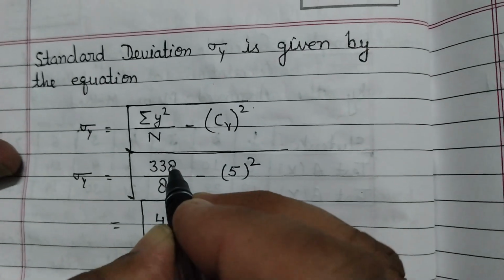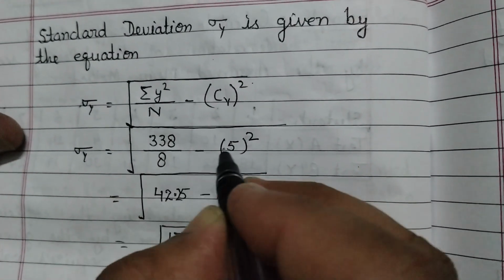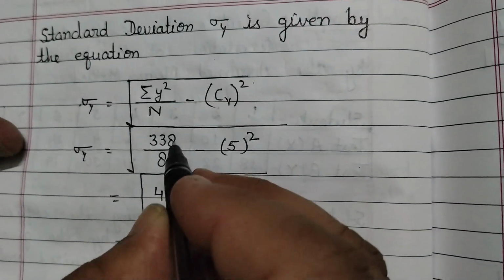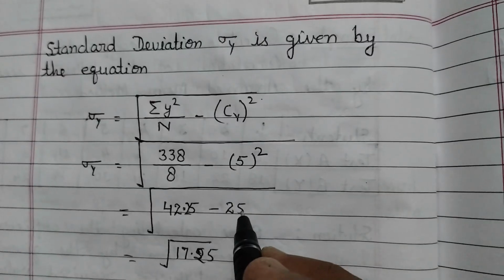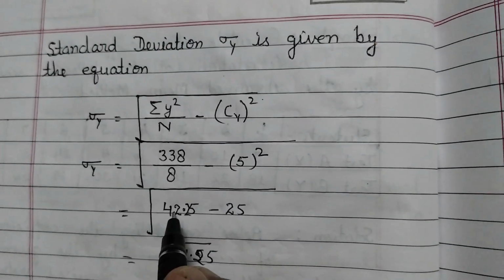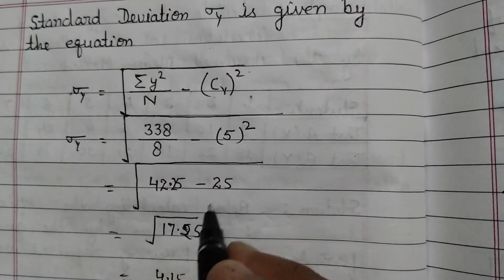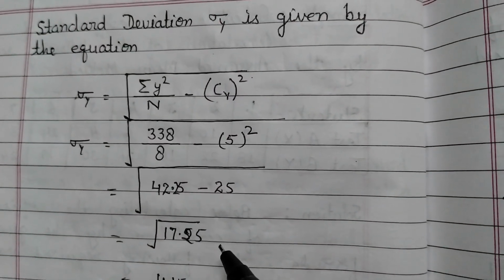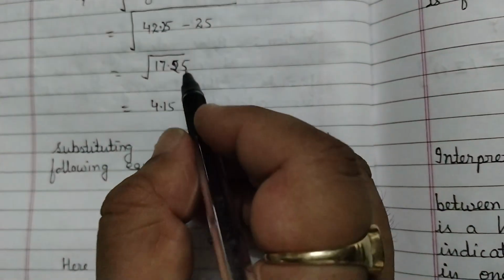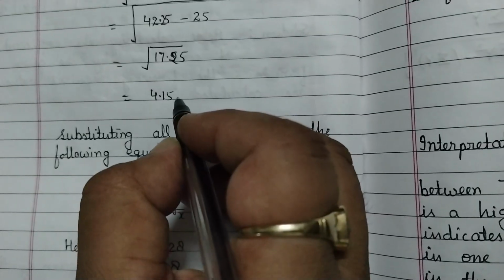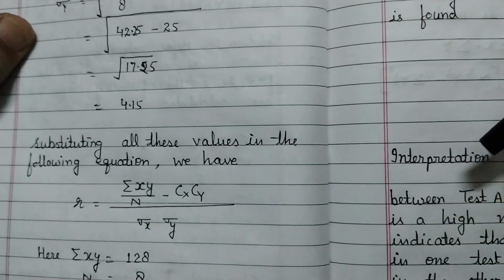Summation y square is equal to 338, so 338 by 8 minus 5 square. 338 by 8 is found to be 42.25 minus 25, which is equal to 17.25. Under root 17.25 is about 4.15, and how it is to be calculated I have shown here at the right side.